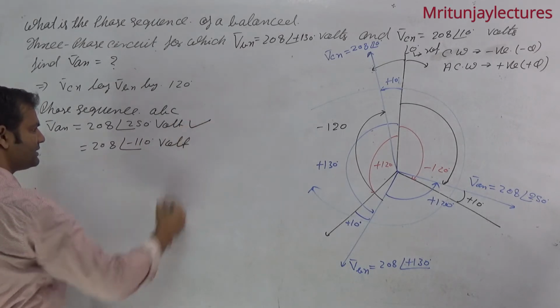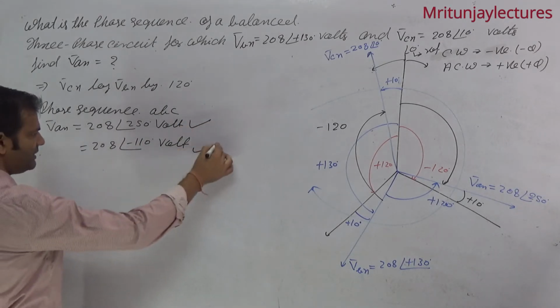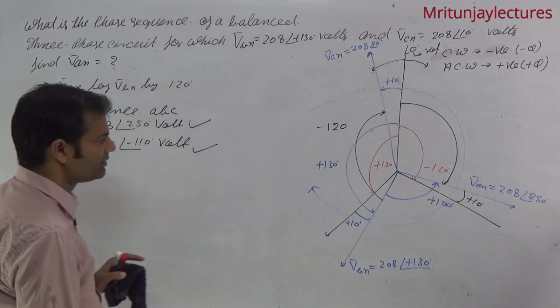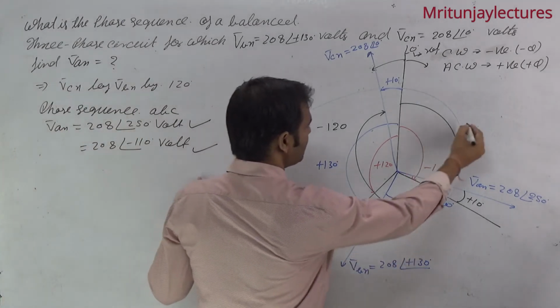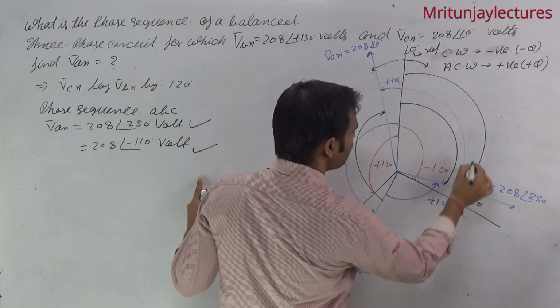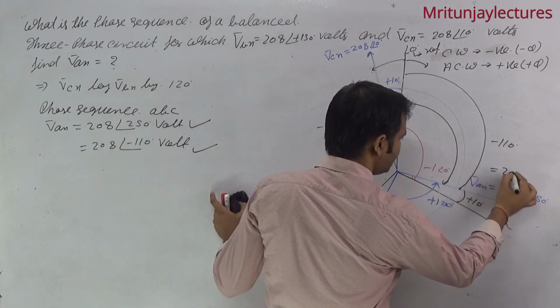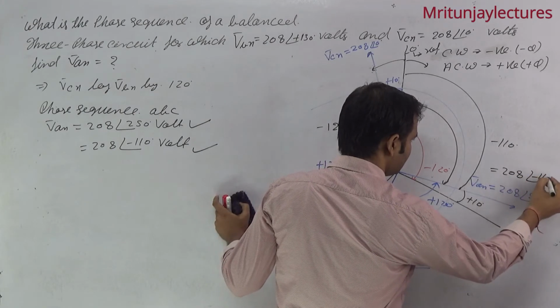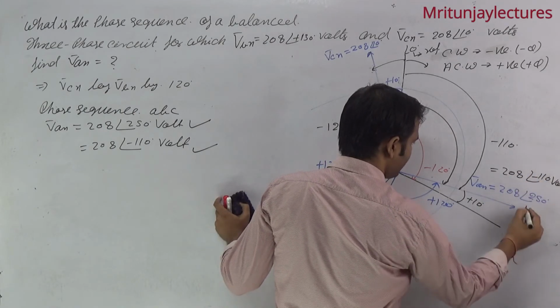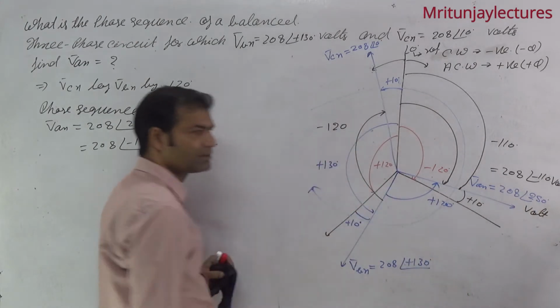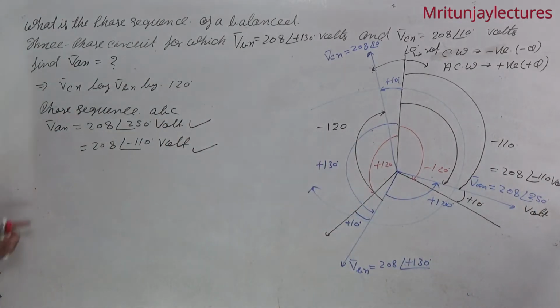Sometimes the answer is written like this, and sometimes like this. So VAN is also written as 208 at the angle minus 110 volt. Clear? In an objective question, sometimes it is like this, sometimes like this. Now the second method.